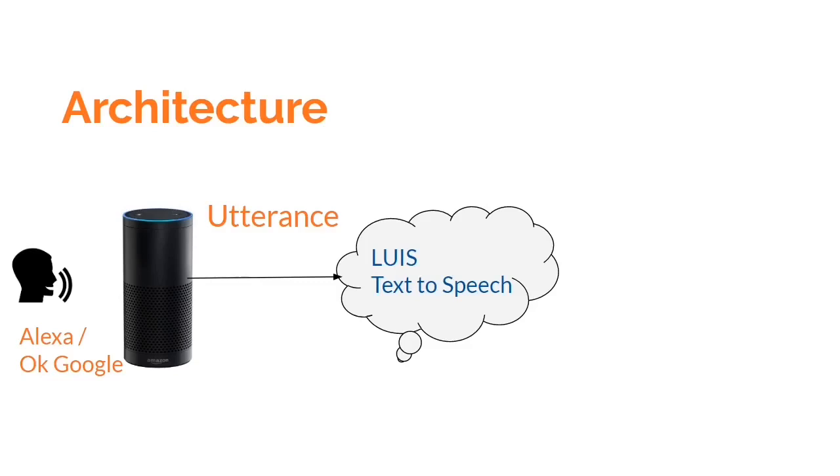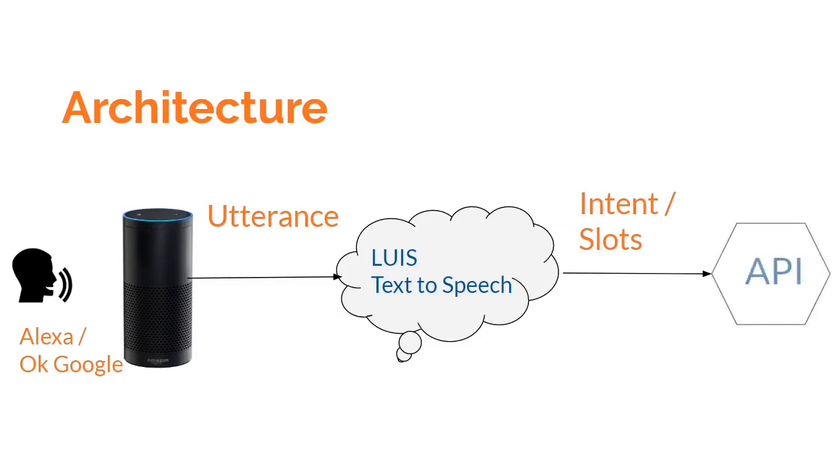It could be LUIS, or Dialogflow, or any other natural language processor. This natural language processing system in turn will extract intents and slots from the utterance of the user. It takes the user's utterance, creates the intents and slots from it, and then sends that request to the API.